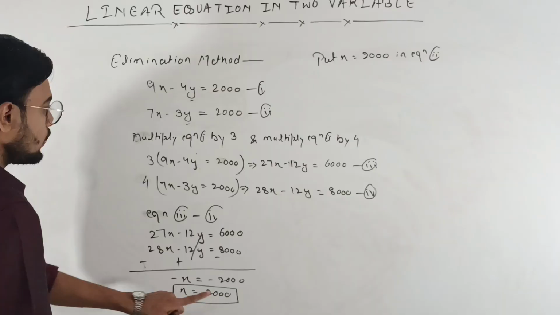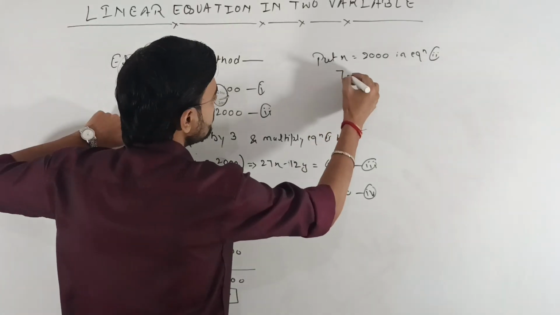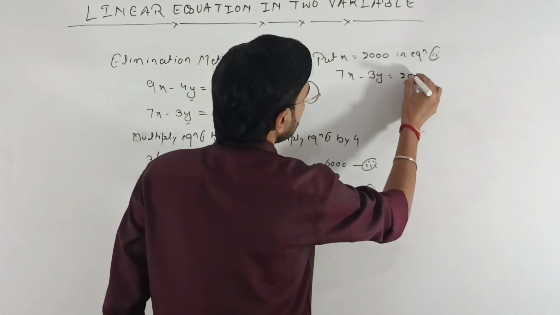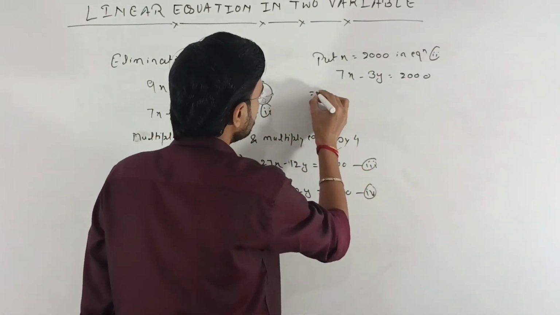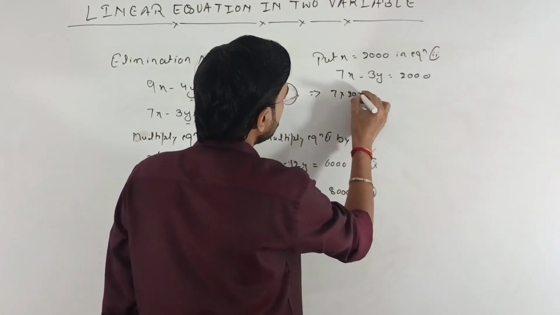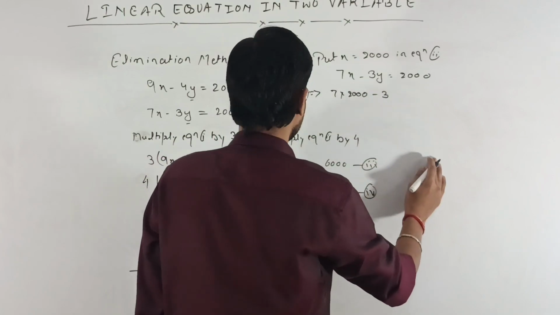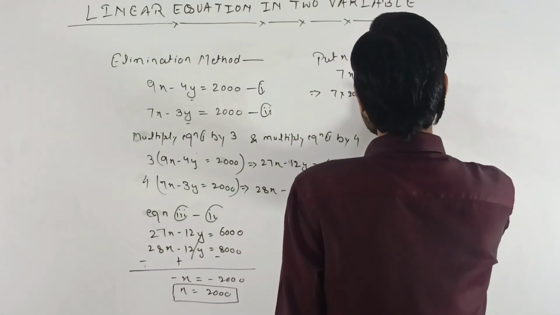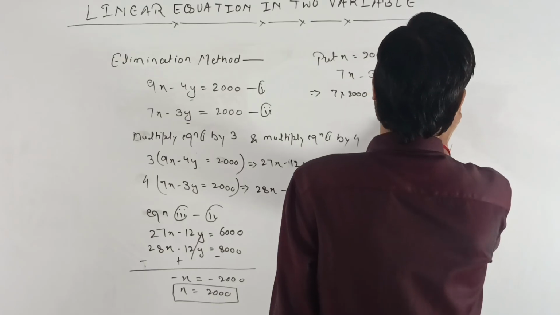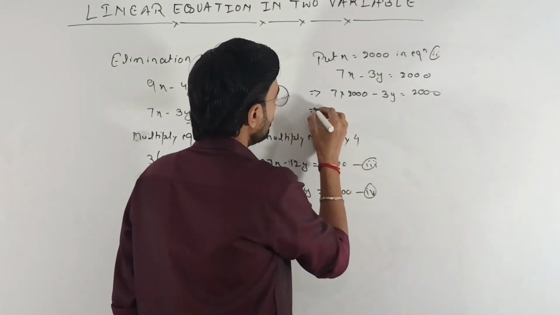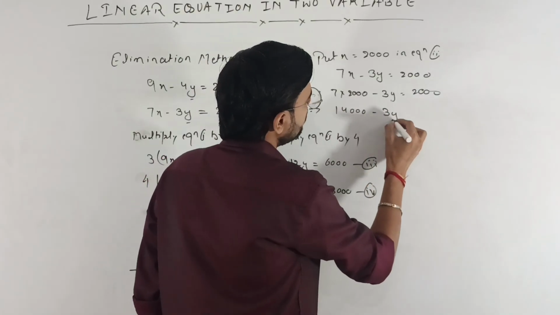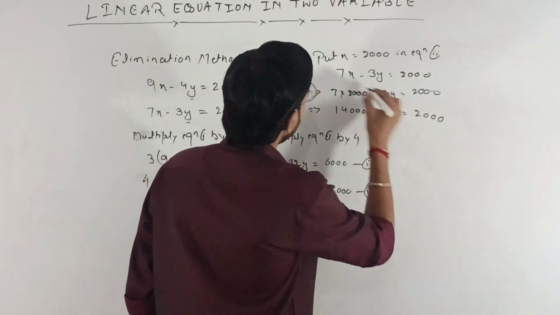Equation second is 7x minus 3y is equal to 2000. Okay. Now 7 times x is 2000 minus 3y is equal to 2000. Now look, this will become 14,000 minus 3y is equal to 2000.